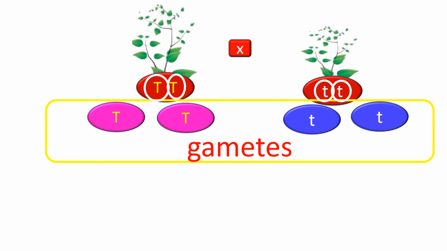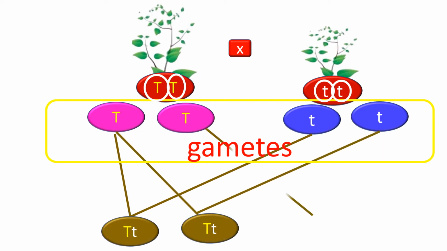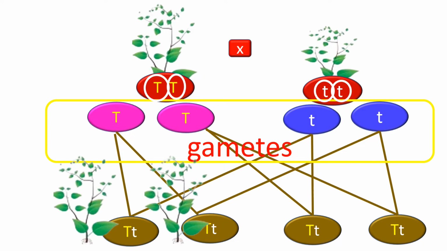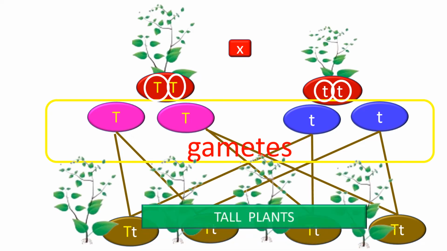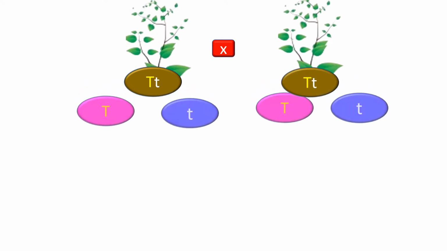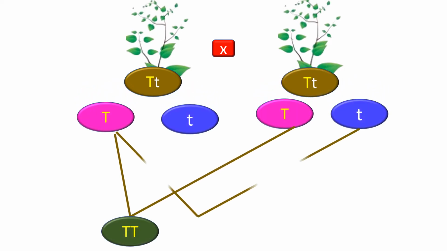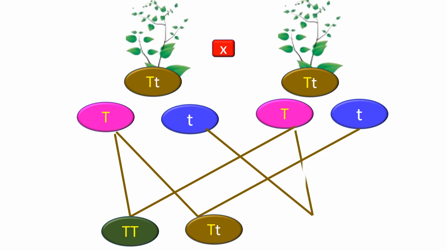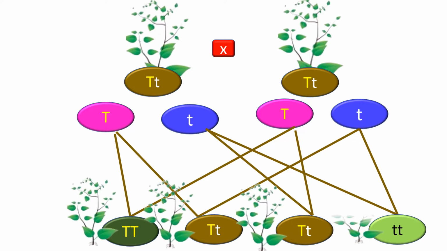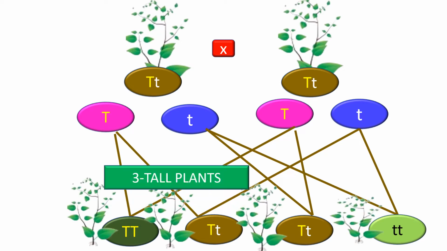Random fertilization of gametes. Tall plants, self-pollination of F1 plants. 3 tall plants, 1 dwarf plant.